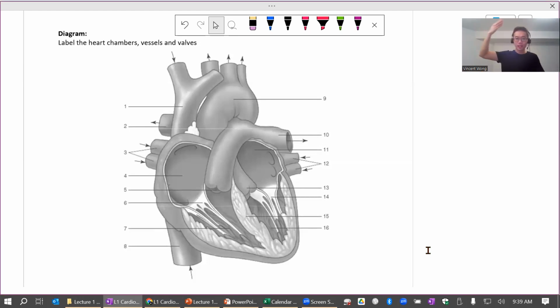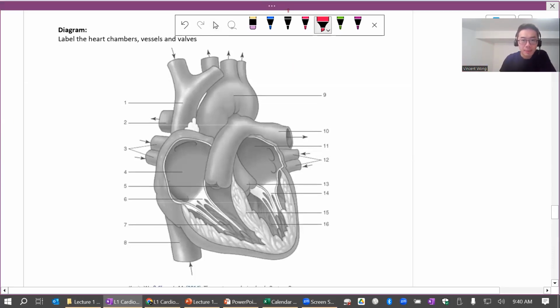Oh boy. Okay, so this one is frontal. It's like you take the plane and cut it this way. It's separated into front and back, and we are looking at it from the front.